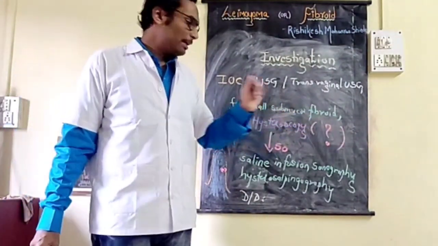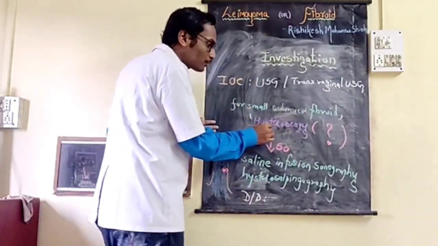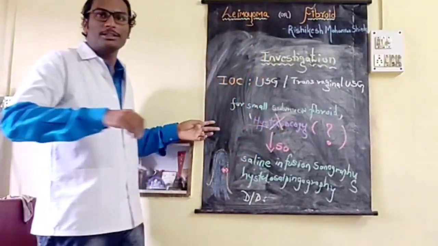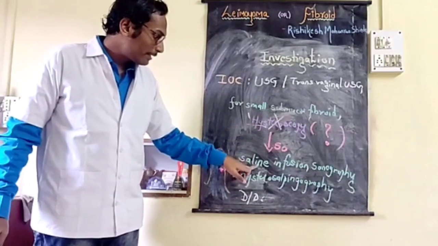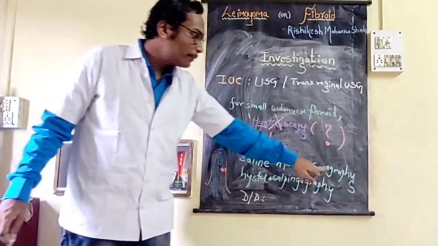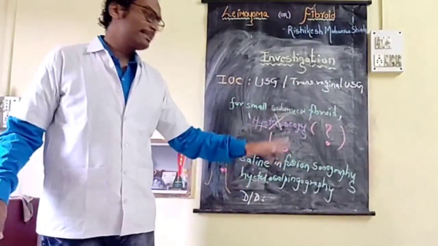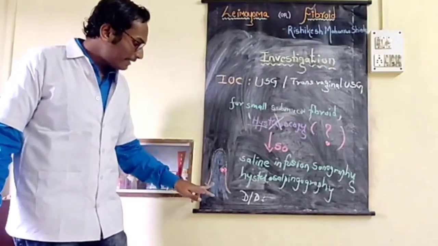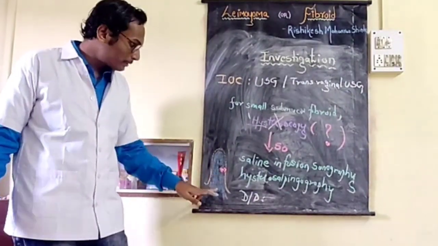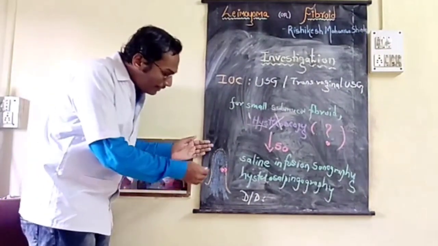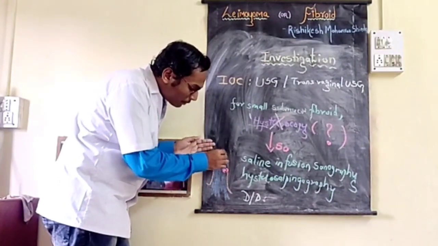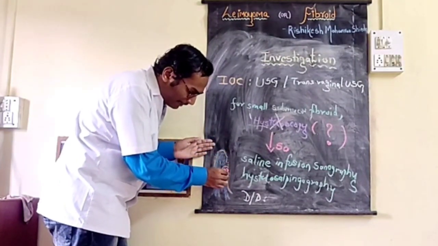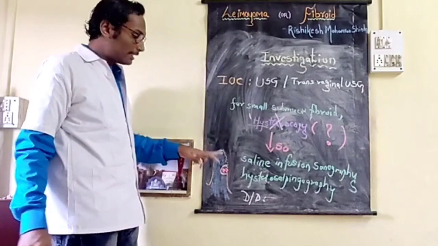Yes, we can, but hysteroscopy is an invasive procedure, so we do not usually follow it. We can go for saline infusion sonography or hysterosalpingography. When we inject the dye inside the uterus, we see the dye totally filling the uterus except at some point, which indicates a smooth margin.